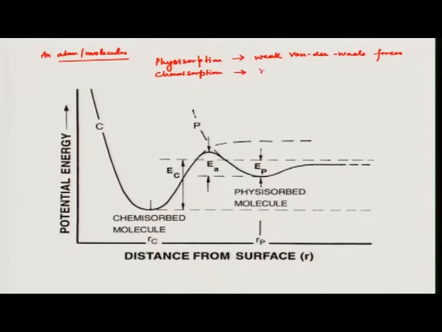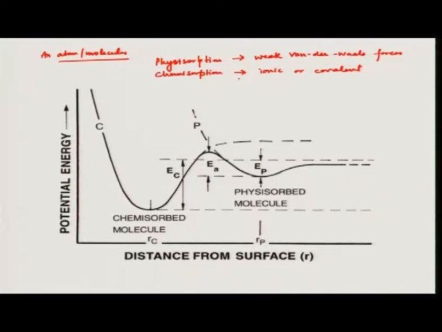It could be either ionic bonding or covalent bonding. So, it can vary between completely ionic to completely covalent, and if we have a metal thin film on a metal substrate, then we can also have metallic bonds between them.